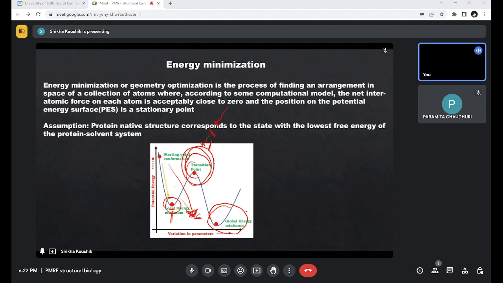That is what energy minimization is. You try to take your system to a level where interatomic forces are least or next to zero, and that is mostly achieved when you have a stationary point. That is where there are no intermolecular forces happening between the two atoms.